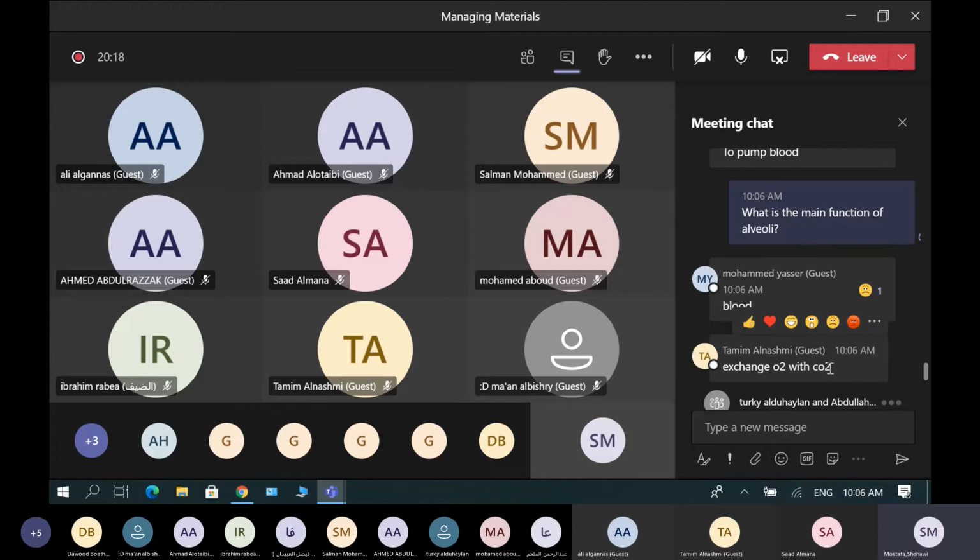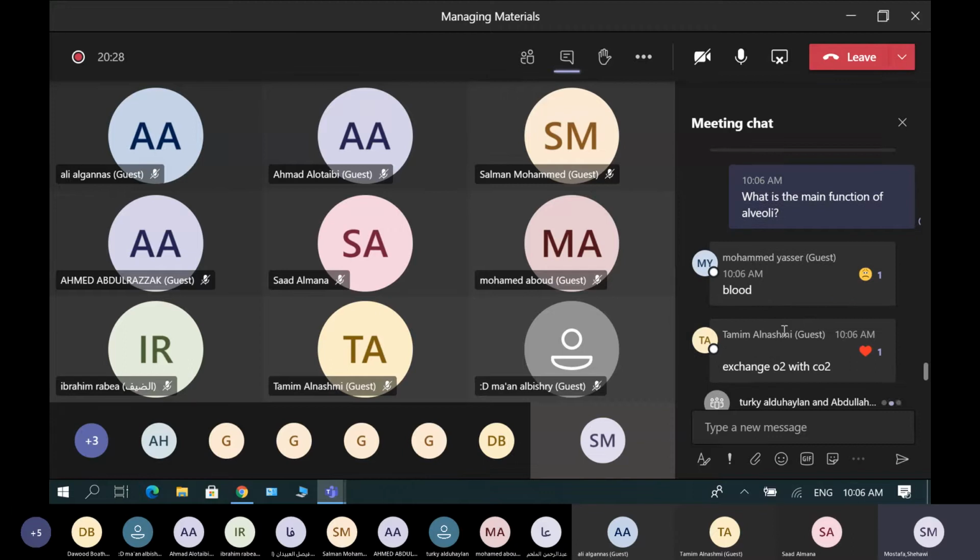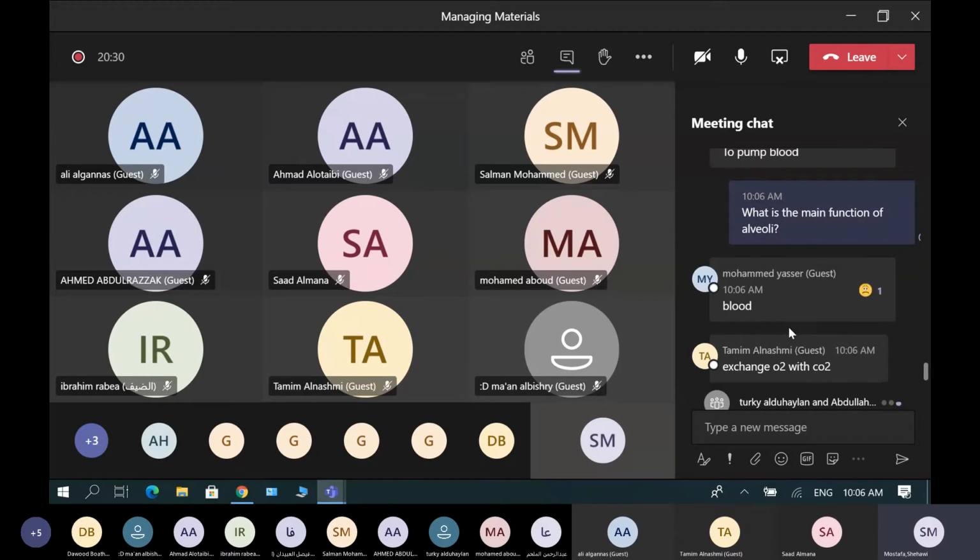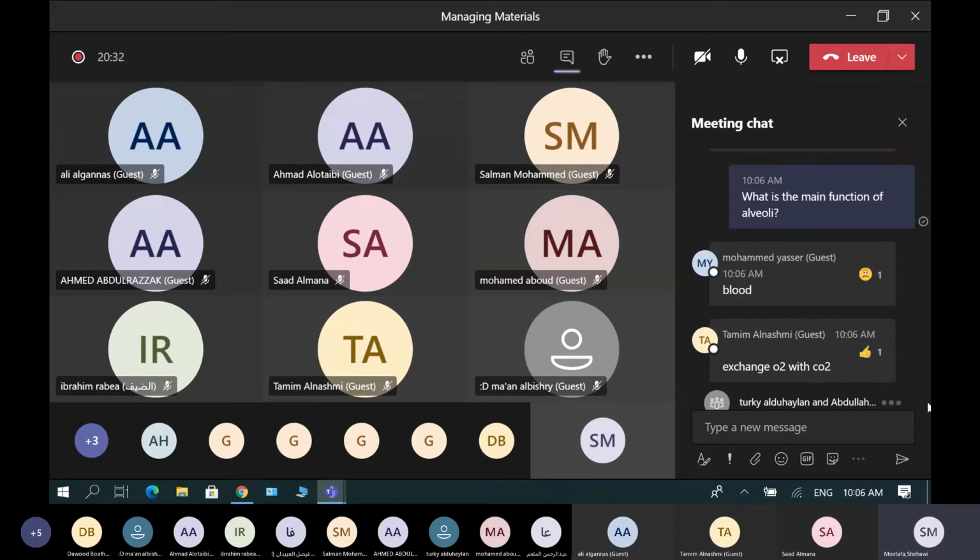Exchange O2 with carbon dioxide. We could say it's the place where gas exchange occurs, for example. Okay, so this is not the best one. It's the place where gas exchange occurs. This is one example.